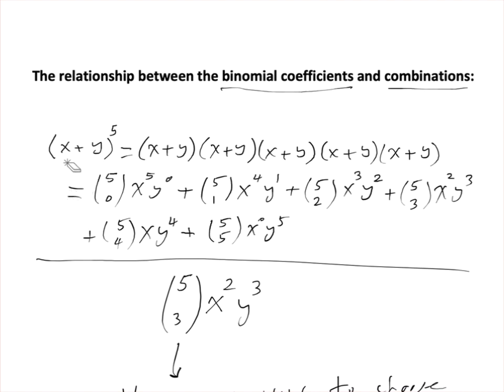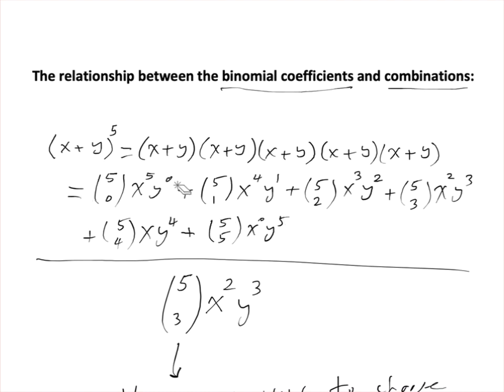Okay, x plus y is a binomial. This is the fifth power of the binomial, and by the binomial theorem, this is how you expand it. So this way does not require generating many rows of Pascal triangle to see these coefficients.